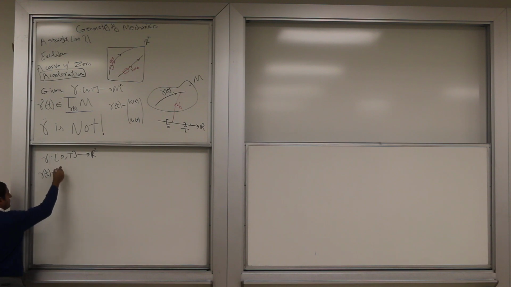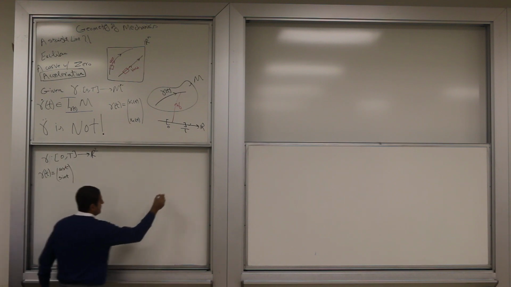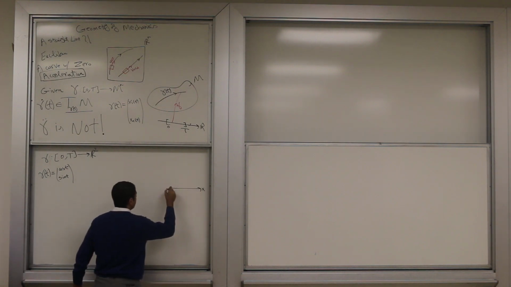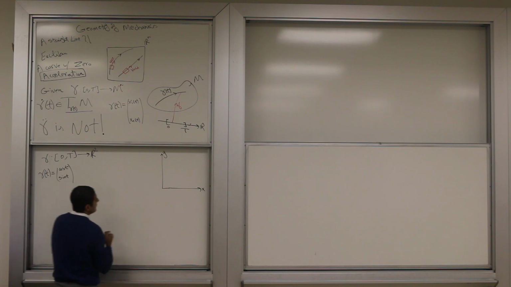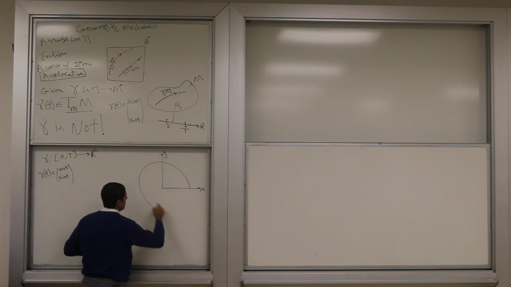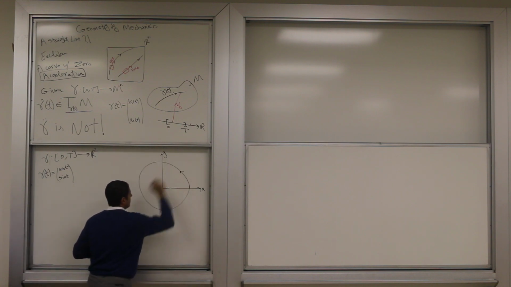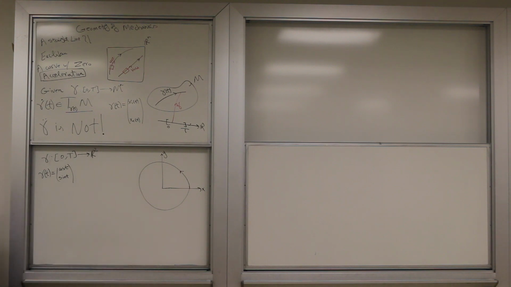If it's x and y, here is cosine t, sine t. So if this is your x and y, here is your curve. Actually a circle, okay? So this is your curve, cosine t, sine t.